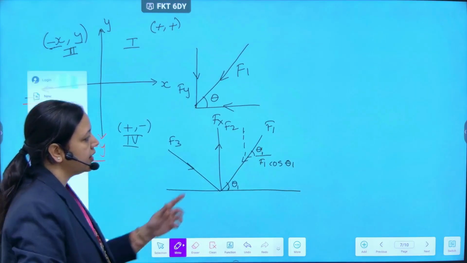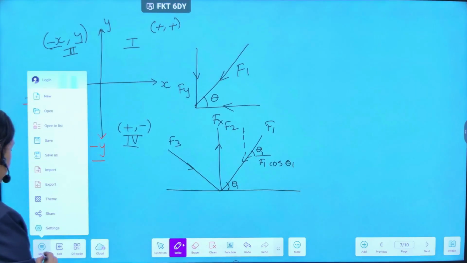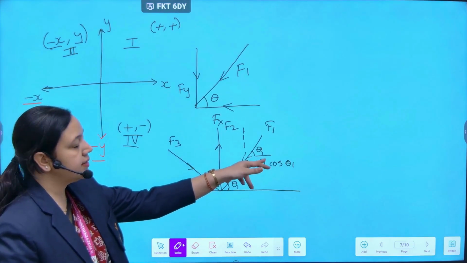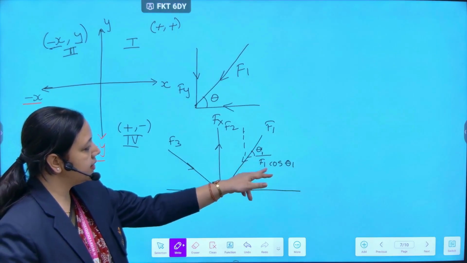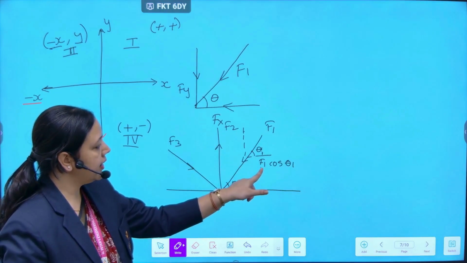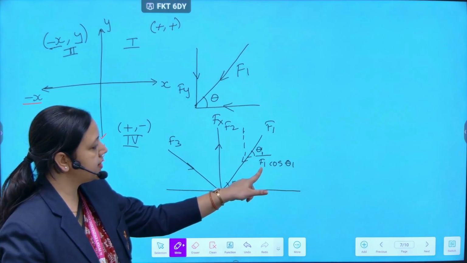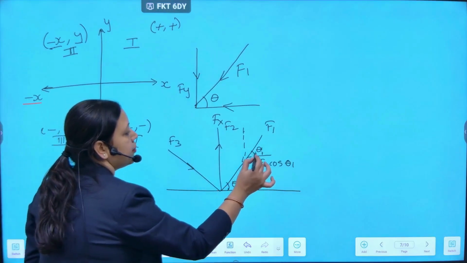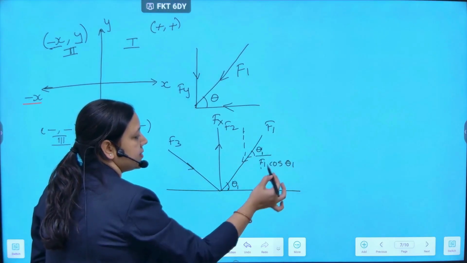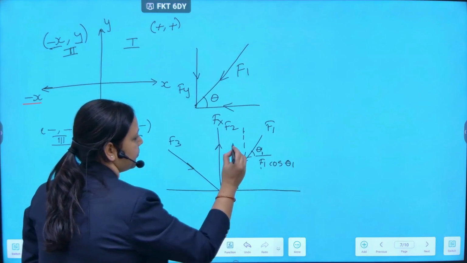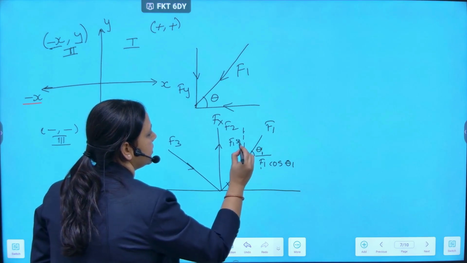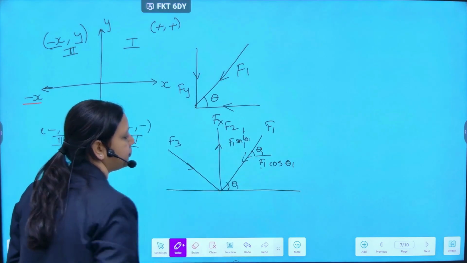As I said, the angle is very important over here. Whatever is the angle theta it is making, our force is resolved as F1 cos theta 1. Because it is inclined on the x-axis, it is F1 cos theta. This is F1 sin theta 1.